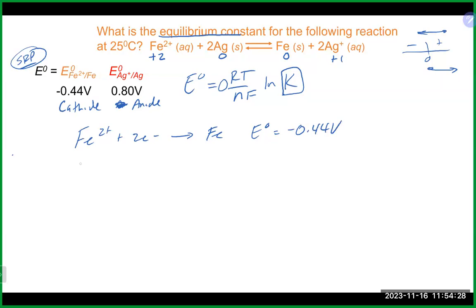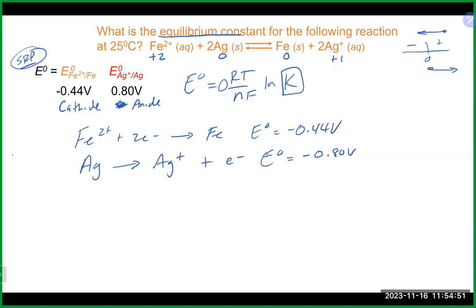We have our anode, which would actually be our silver, dropping off an electron along the way. And since I did flip it, technically speaking, for the reaction that I wrote, the E value would then change to a minus 0.80 volts for how I wrote it.